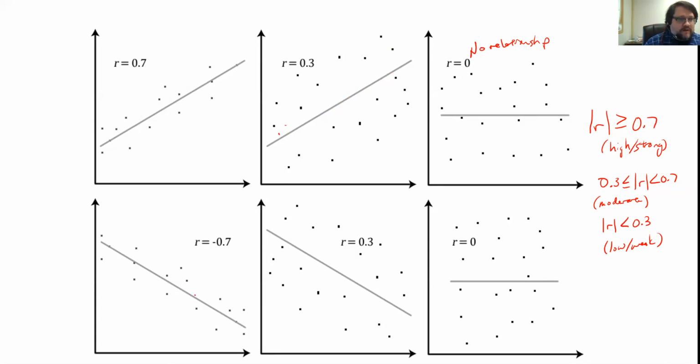So we can see a -0.7, that's a negative relationship. Under my ruling here, I would say that's a strong negative. So this is a strong positive linear correlation. This is a strong negative linear correlation.